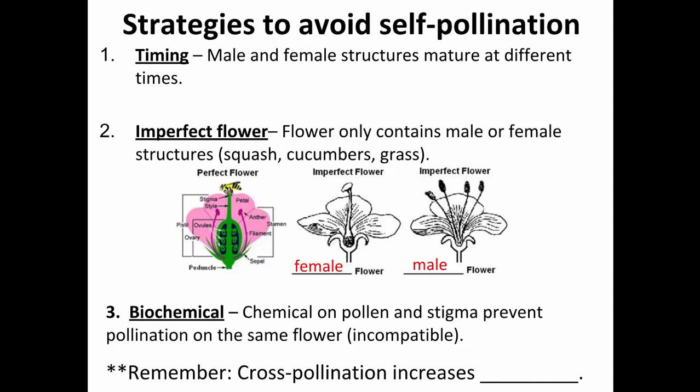Some types of trees, for example. One tree will have only male flowers on it, and another separate tree would have only female flowers on it. There's also biochemical means, where the pollen and the stigma are just not compatible in the same individual. So cross-pollination is important because it increases variation.